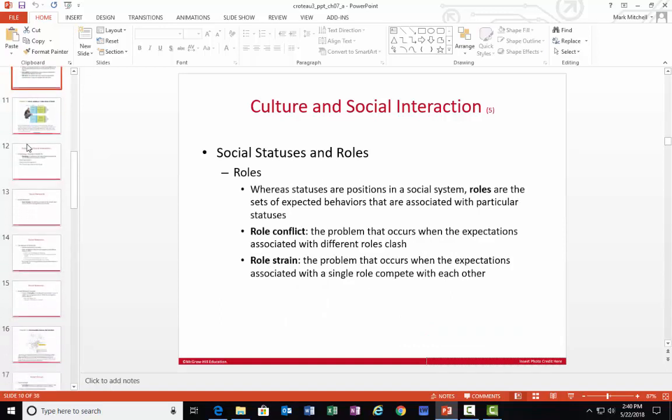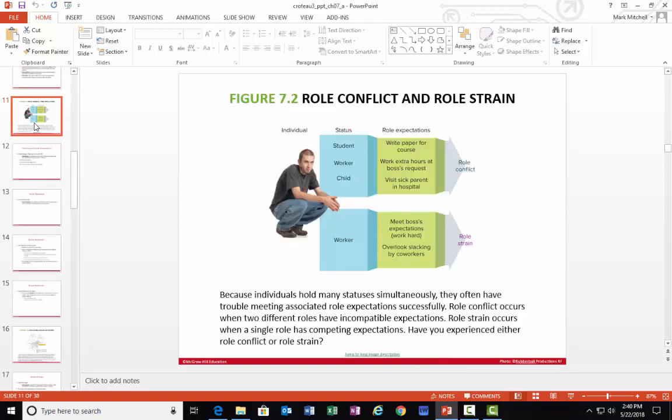We haven't mentioned role conflict and role strain, and again, I'm going to slide ahead one slide. I think we've got a great example in our book that helps to really make clear what's going on here. But I like to start with role strain. I've tried to create a memory aid device, but strain starts with an S. Role strain are the behaviors that are attached to one single status.